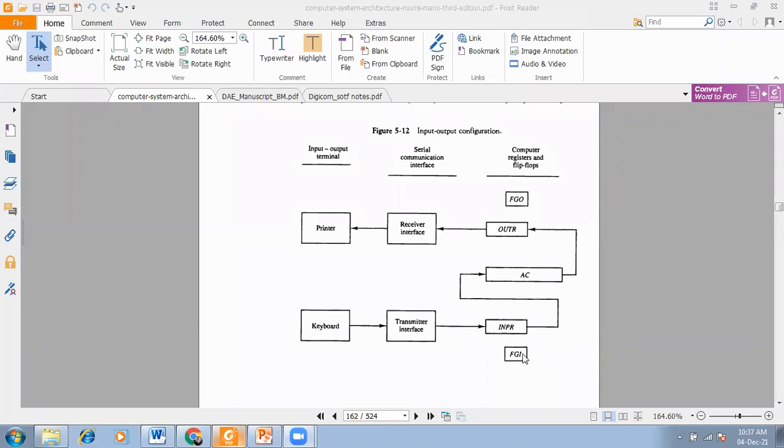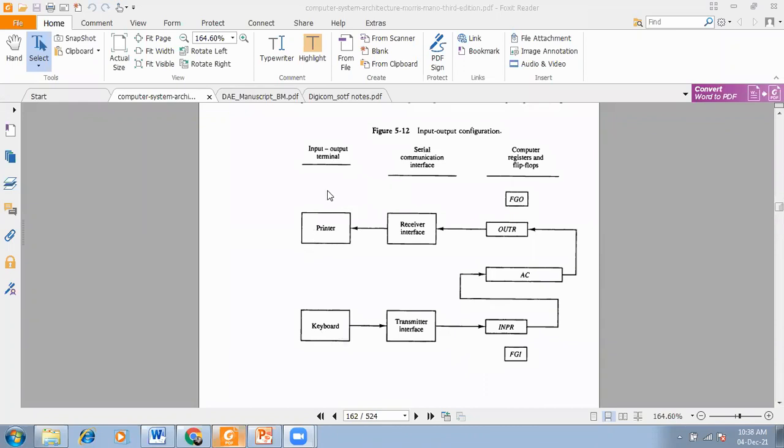FGI should be either 0 or 1. Similarly, FGO should be either 0 or 1. When it should be set and when it should be reset, similarly when FGO would be set and reset, that depends upon the operations. Now, this has three layers. The first one is the input output terminal.